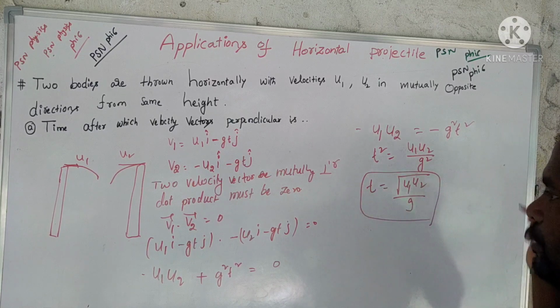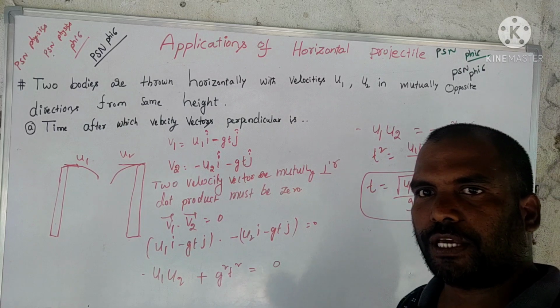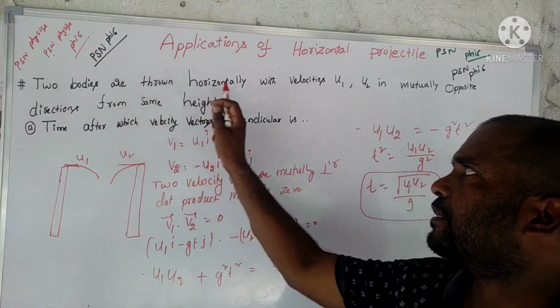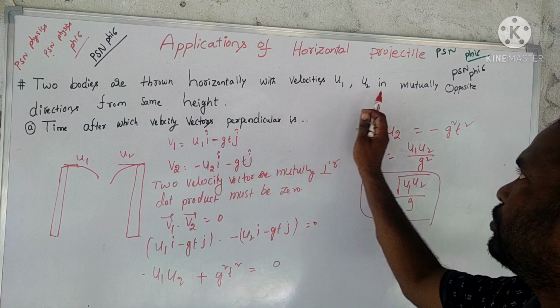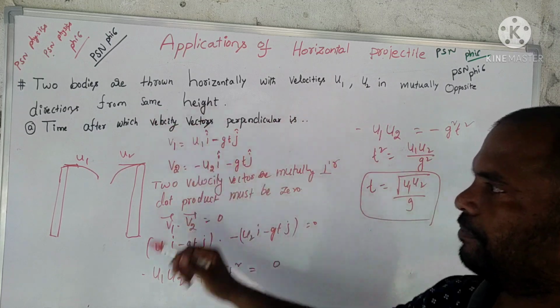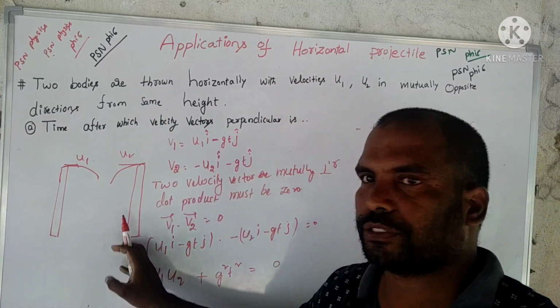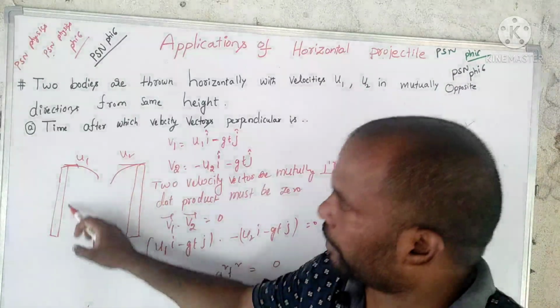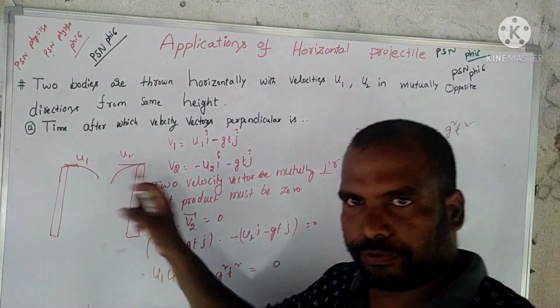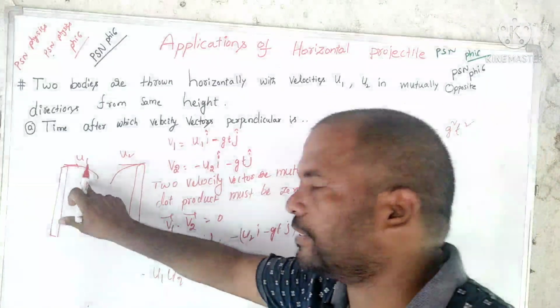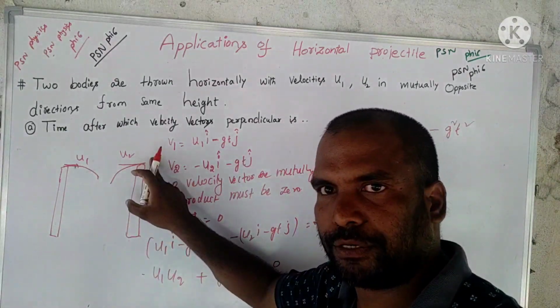Very important application, students. Once again, two bodies are thrown horizontally with velocities u1 and u2 in mutually opposite directions from the same height. These are tower 1 and tower 2, same height. One is throwing like this, one is throwing like this. I am taking u1 as positive, u2 as negative.